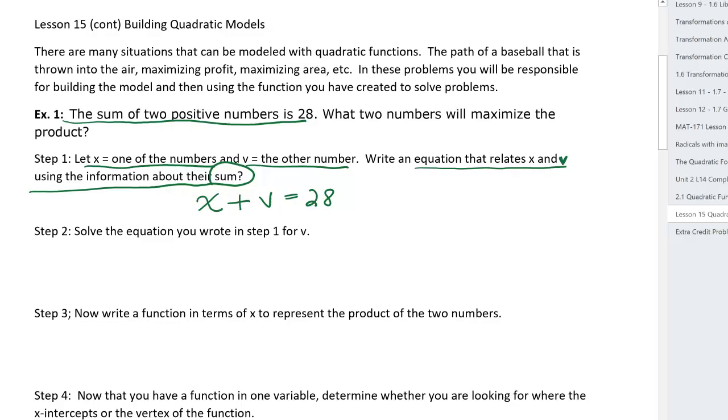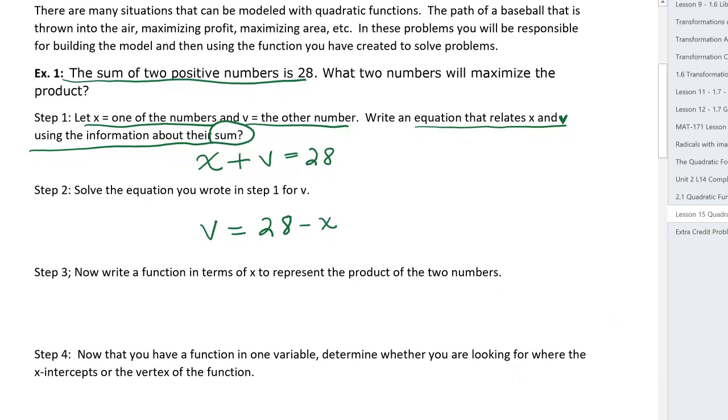In step 2, we want to solve the equation that we wrote in step 1 for v. So I'm going to subtract x from both sides, which will leave us with v is equal to 28 minus x. Now in step 3, what we're going to do is write a function in terms of x to represent the product of the two numbers, because the problem we're trying to solve is that we want to know what two numbers will maximize the product.